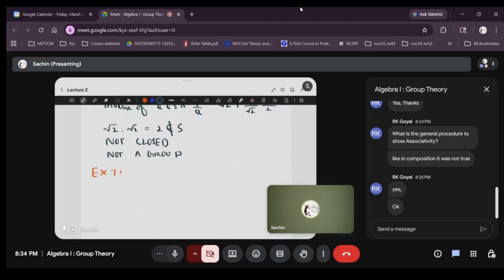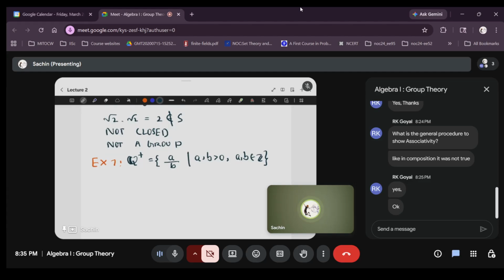Consider Q plus, the set of all positive rational numbers. Or in symbols, if you want to write it, the set of all numbers of the form a by b with a and b both greater than 0 and they are both integers. This is also a group under multiplication.